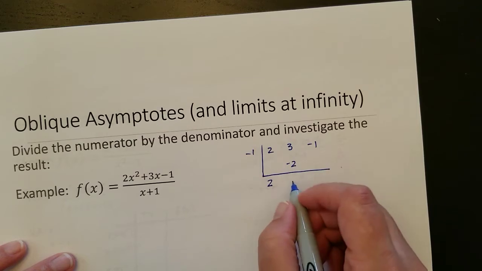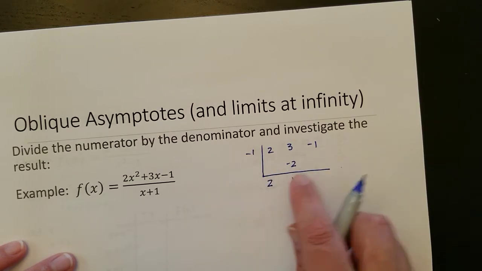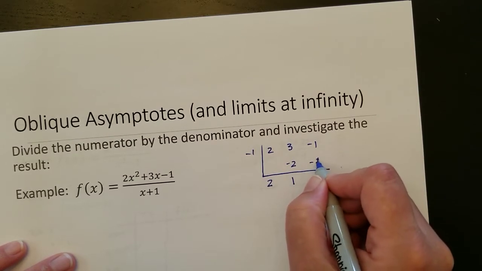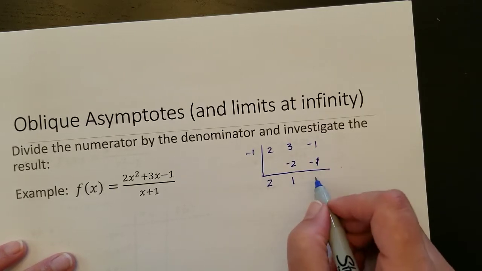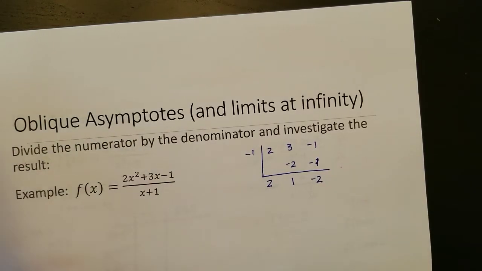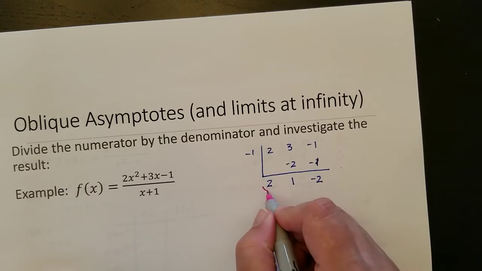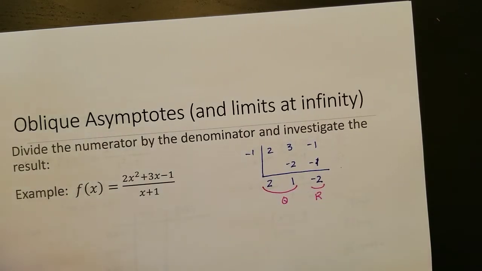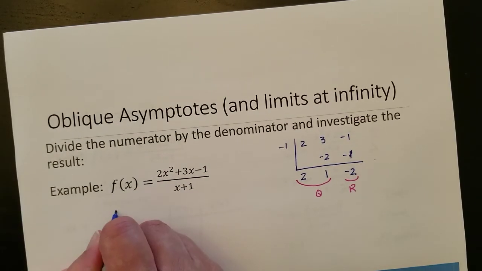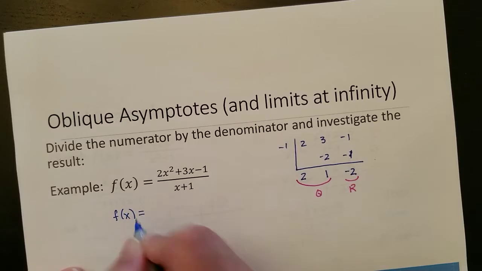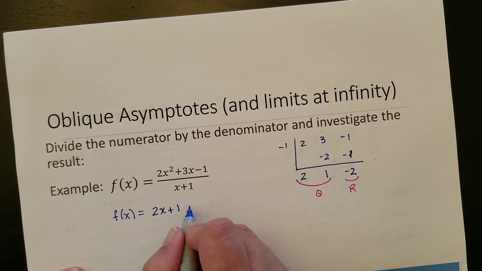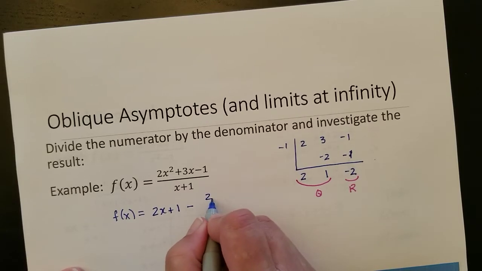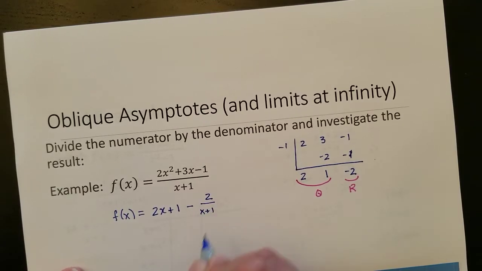So I'm adding 3 plus -2 is 1, multiply these, -1, and add down, I get -2. So this is the quotient here, and this is the remainder. So I can rewrite this function as 2x plus 1 minus 2 over x plus 1.